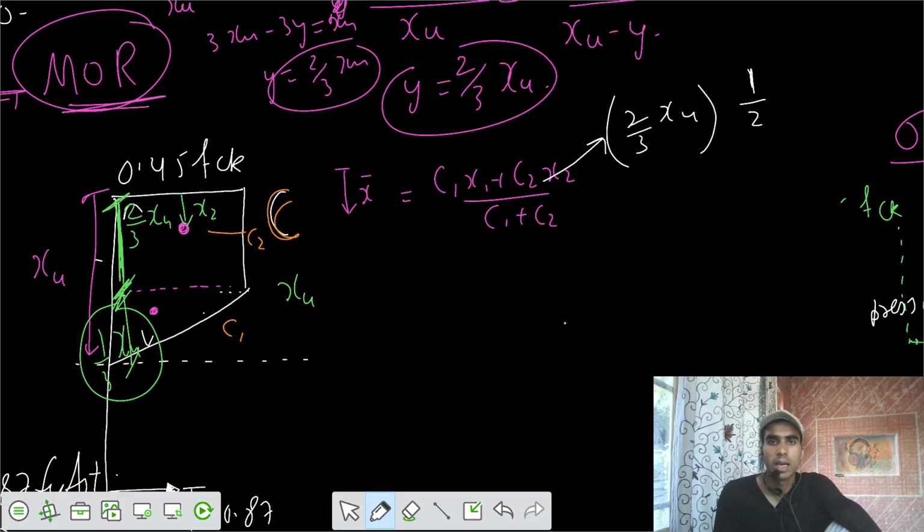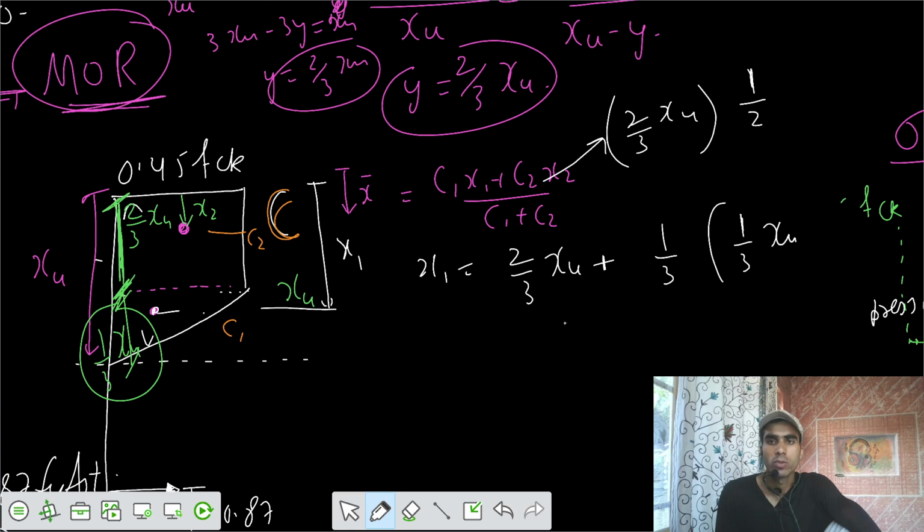And x1, from this point to this point, equals 2/3 of xu plus 1/3 of 1/3 of xu. So that's your x1 and that's your x2. You solve that and you get a centroid value of x bar equals 0.422 xu.